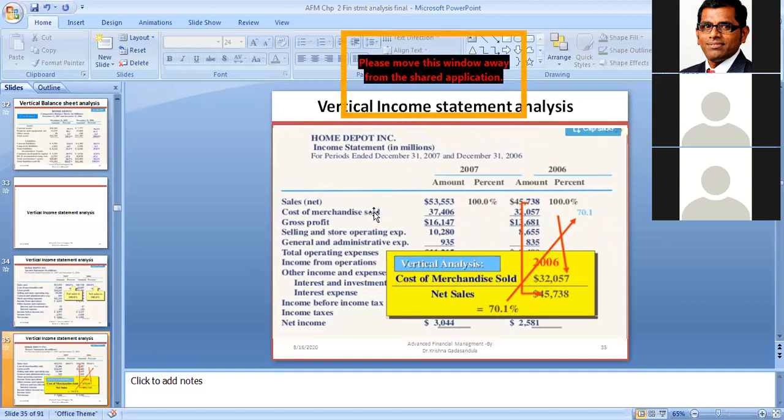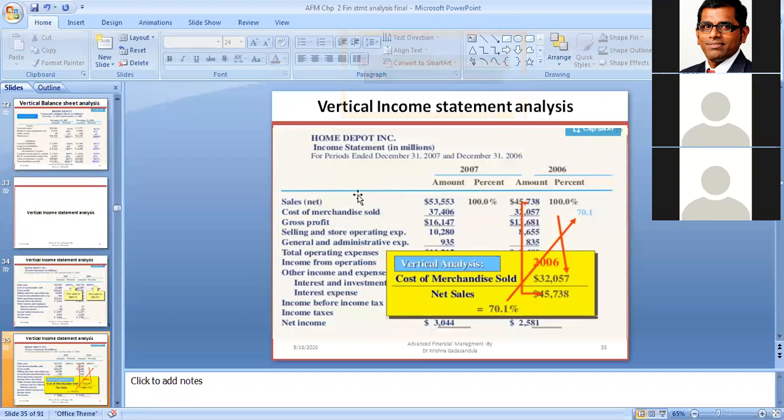Each component. Next component is what? Cost of merchandise sold, because in the income statement sales is a major component. All the remaining components are contributing or changing based on the sales only. That's why we are taking sales as 100%.